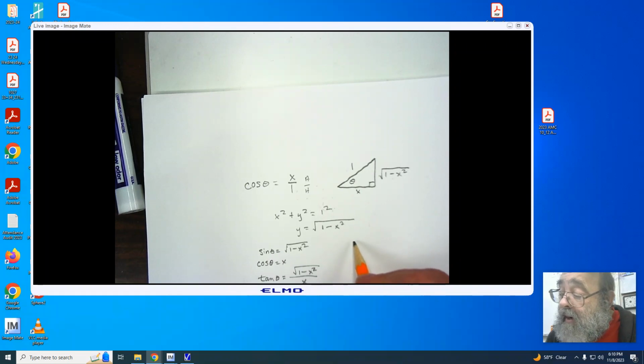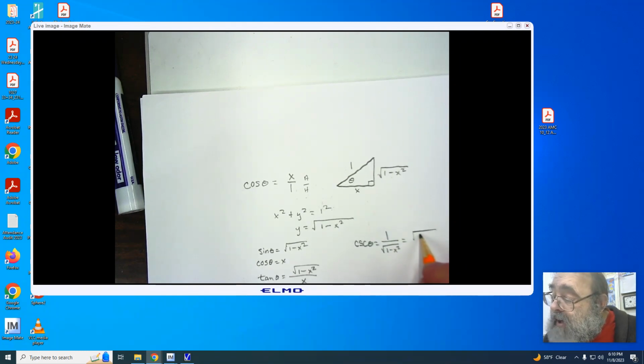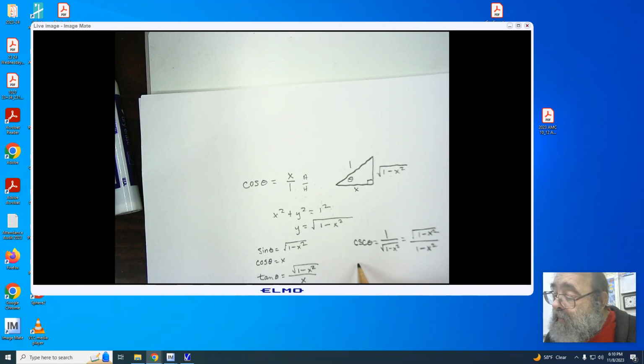I'm now going to find all of my other functions. The cosecant of theta starts off as 1 over the square root of 1 minus x squared, but we have to get the radical out of the denominator. That just moves the radical to the top, and I take away the radical in the bottom. Working with my cosine, the secant is simply the reciprocal, and that would be 1 over x.